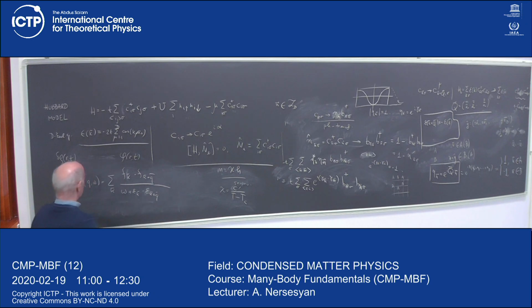Well, if I'm a consistent person, I would say it's a retarded Green's function, therefore I have to add plus i delta, where delta is a positive, infinitesimally small quantity. And these are the fermionic distribution functions, which look like, in the standard way, one over exponent of epsilon_k minus chemical potential divided by T, plus 1.